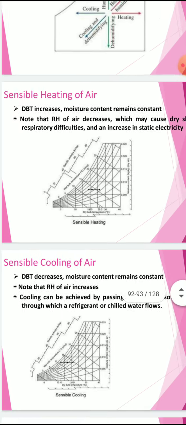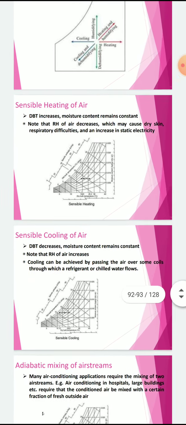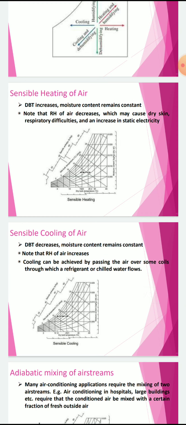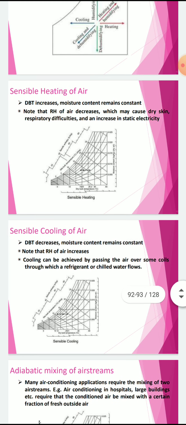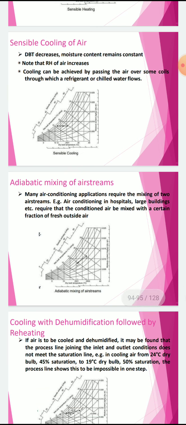In all the cases, the sensible heat remains constant, either heating or cooling. In these two cases, the specific humidity remains constant, whereas the relative humidity is changing: in one case it is decreasing, in the other it is increasing. And in adiabatic mixing, the specific humidity is changing and the relative humidity seems almost the same.